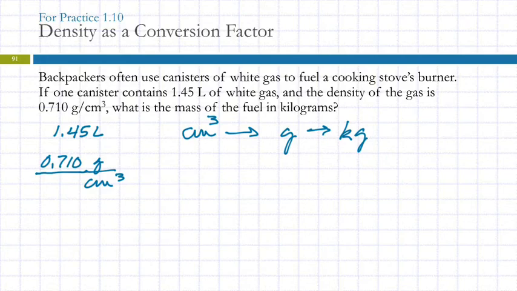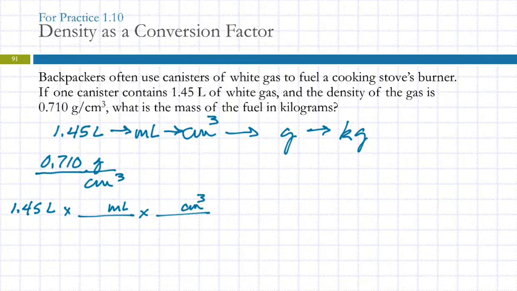But liters to cubic centimeters, milliliters. Liters to milliliters, milliliters to cubic centimeters. Oh my goodness, there's four arrows. It's okay. 1.45 liters times, that's milliliters, times with cubic centimeters, times with grams, and times with kilograms.